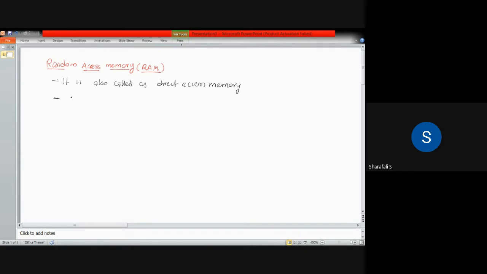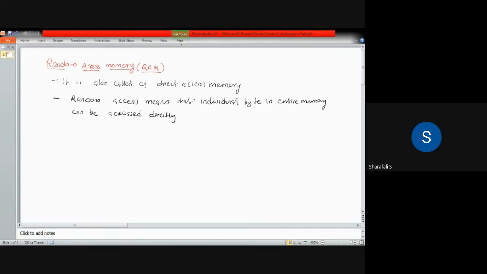Random access means that each individual byte in the entire memory can be accessed directly.